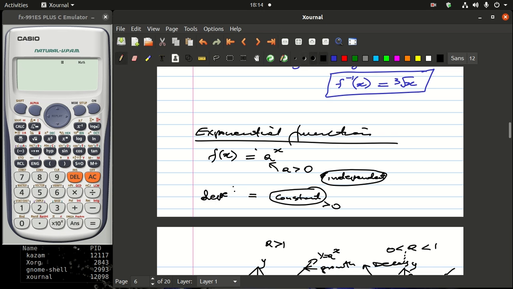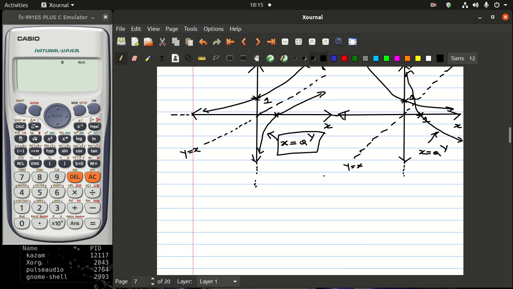Dependent variable this side. But if you look into this curve here, you'll find out that the independent variable is this side, and that side here is the dependent variable.